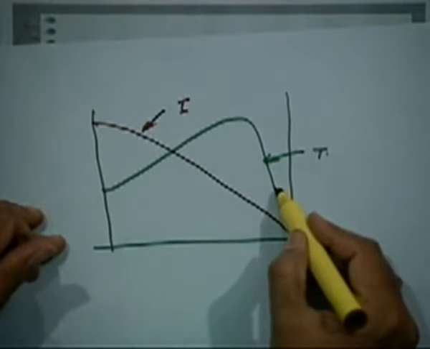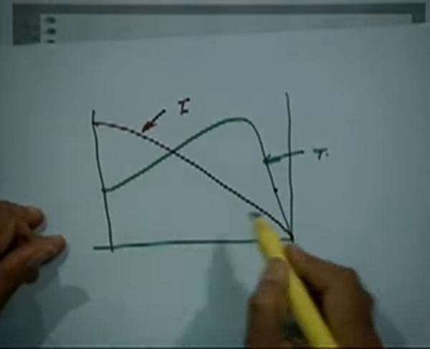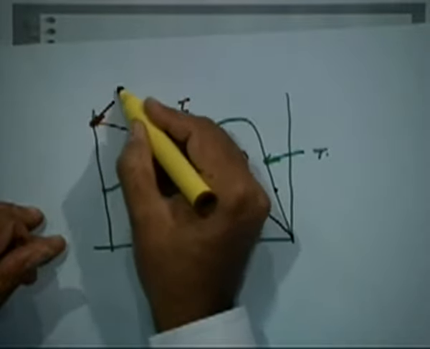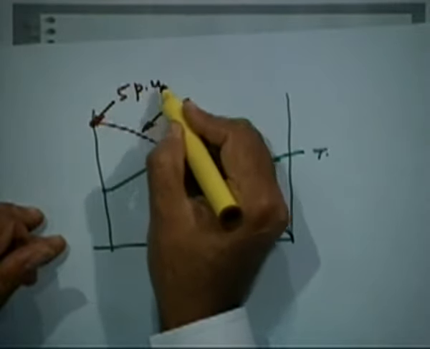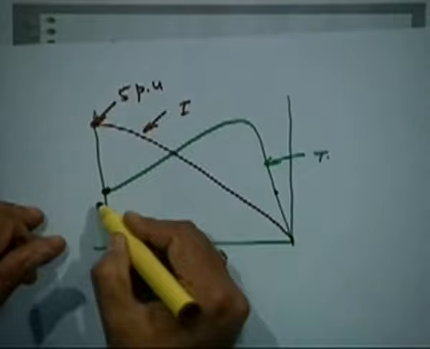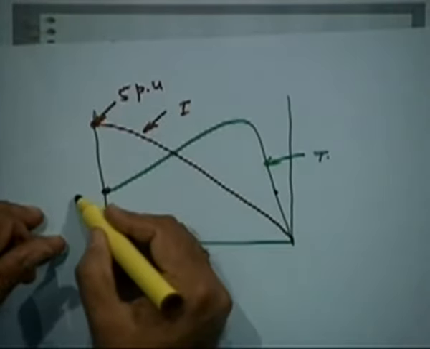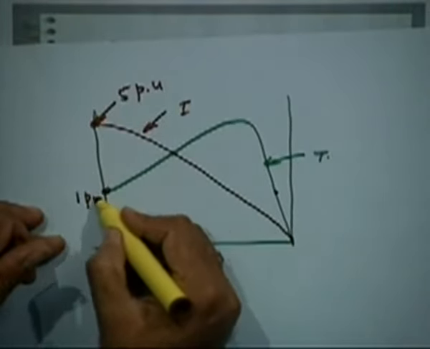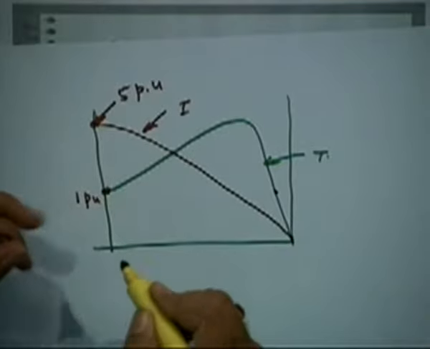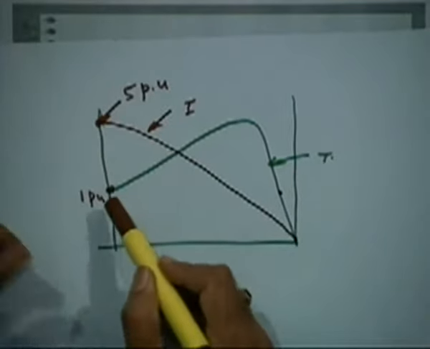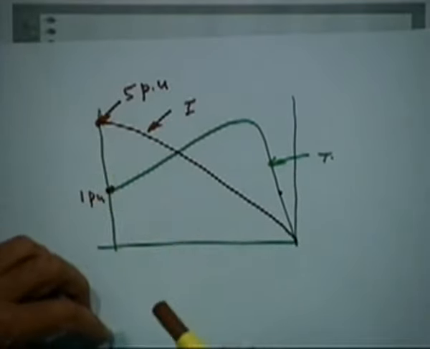If this is 100%, this may be around 4 or 5 per unit starting current, and starting torque may be approximately 1 per unit. Now starting torque is not high, but starting current is high.